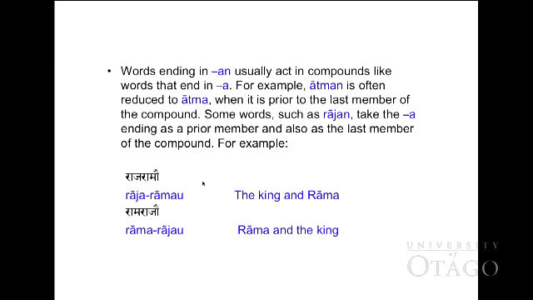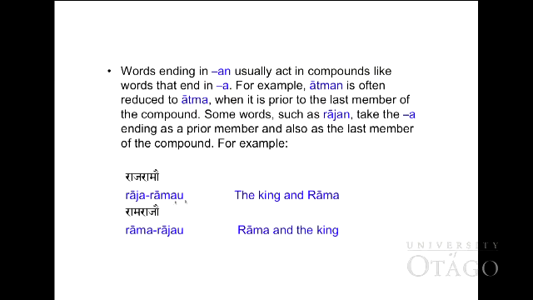So words ending in n usually act in compounds like words that end in a. For example, Atman is often reduced to Atma, and Rajan will often reduce to Raja, such as you see from this one.